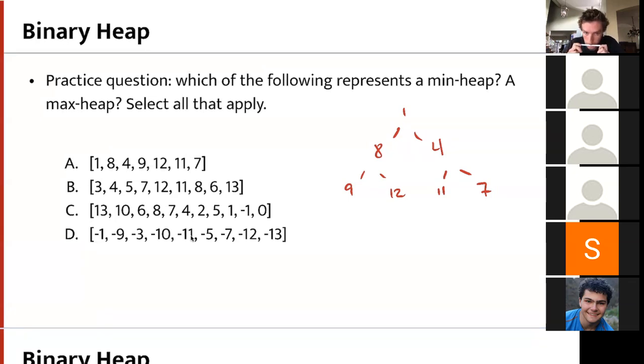Anybody? It's a min heap. Yes, it is a min heap, because we can notice that for every subtree, and I will highlight the trees. So here's one tree, right? And then here's another tree.